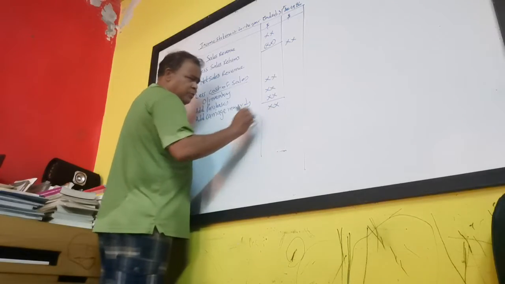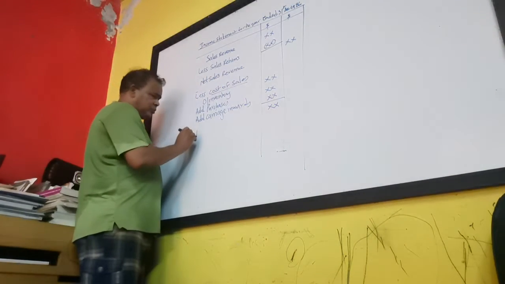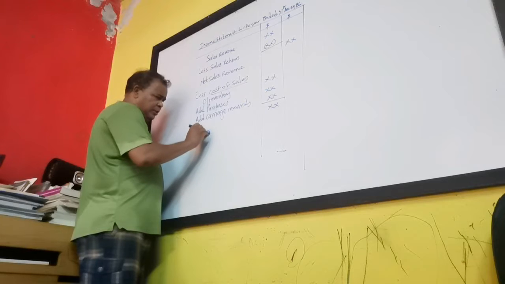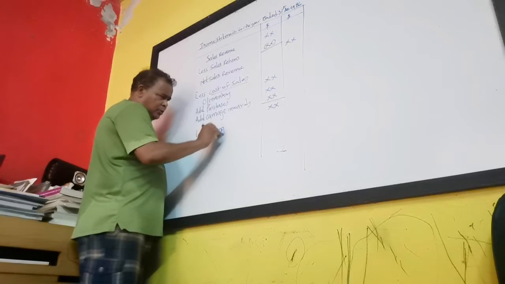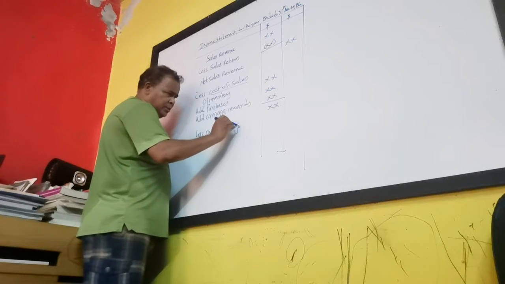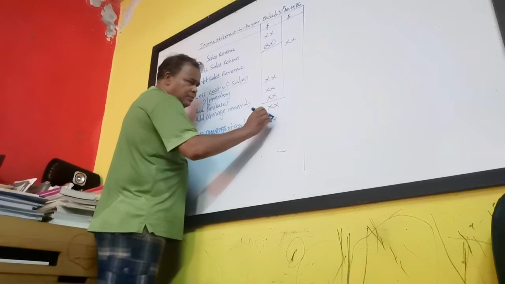Then we add the total in the first column, less drawings of goods, also in the first column.